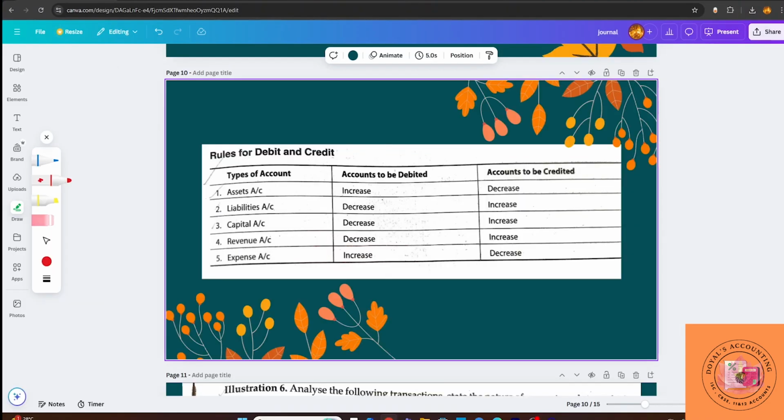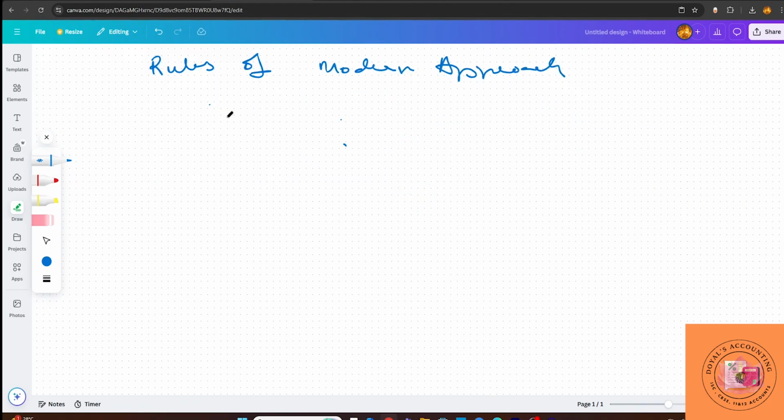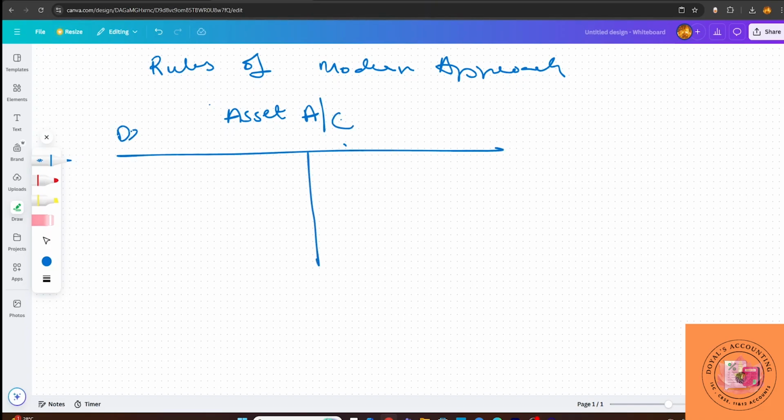Let me write it on the board for you for a better understanding. Now, an asset account will usually have its opening balance on the debit side, okay? So, if any asset increases, it will be put on the debit side. And similarly, if there is any decrease in the asset, it will be put on the credit side.